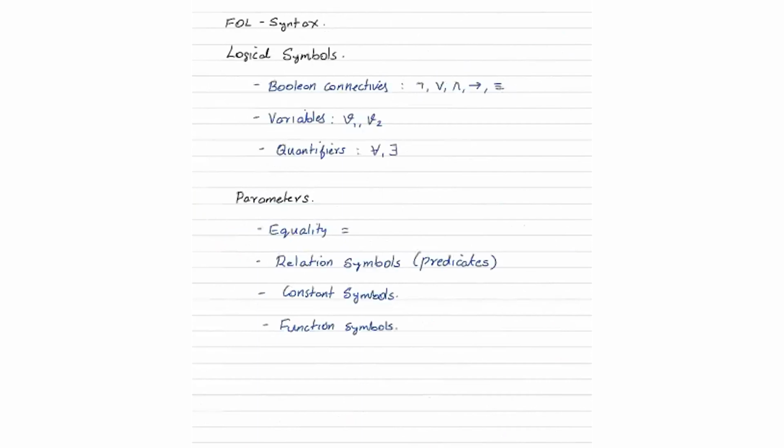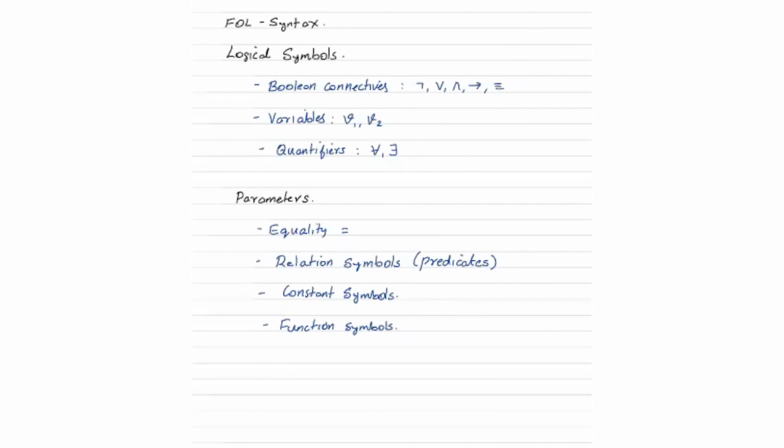So again, I'll try to give a formal presentation of the syntax of the logic. Just like in propositional logic, you have a bunch of logical connectives, the same that you have in propositional logic. Instead of propositions, you have what are called variables.